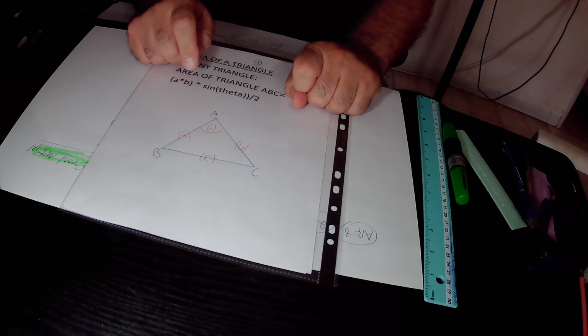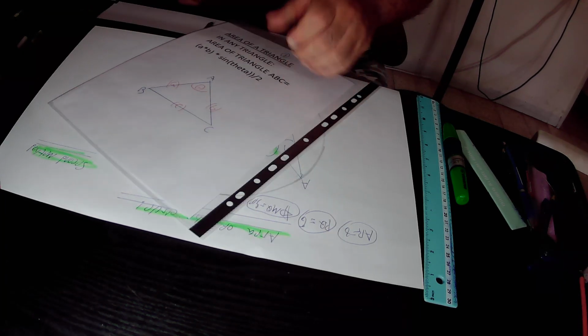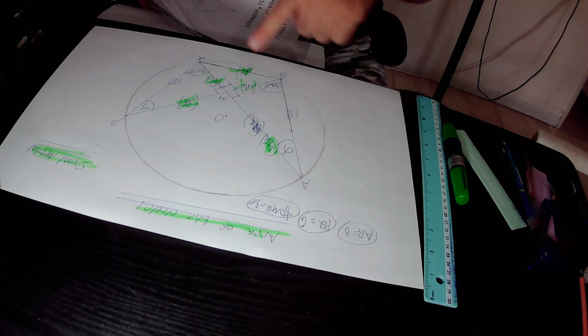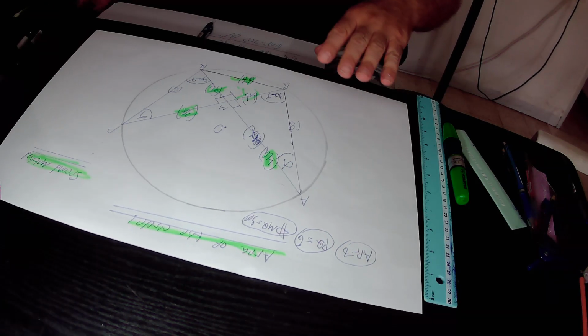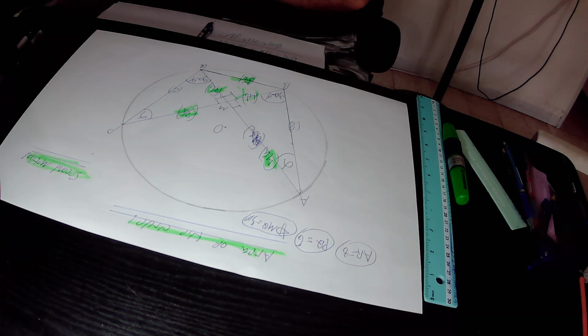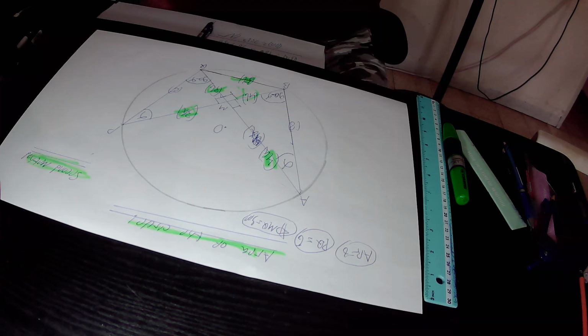And again, the area of this triangle ABC that could be any triangle is equal to A times B times sine theta over 2. We use the new formula in order to calculate the area of triangle ABQ. According to the new formula, the area of triangle ABQ will be equal to the multiplication of two sides by each other.